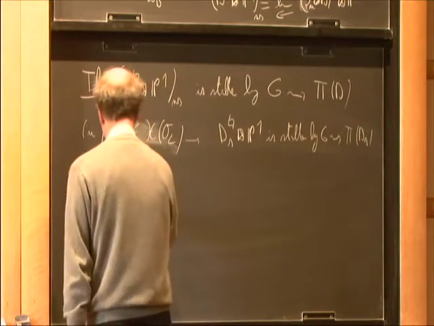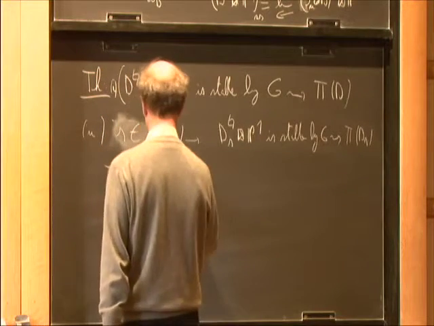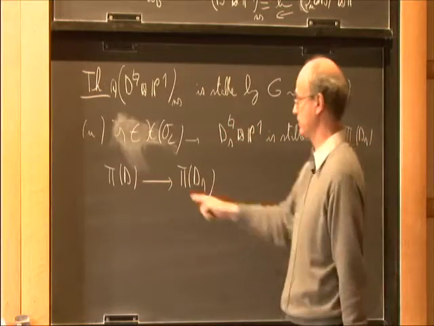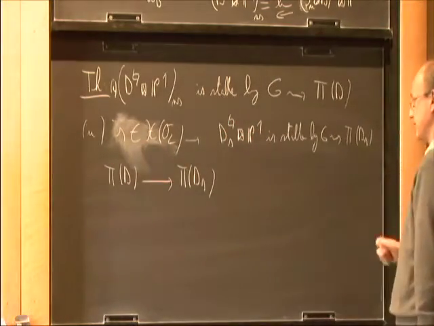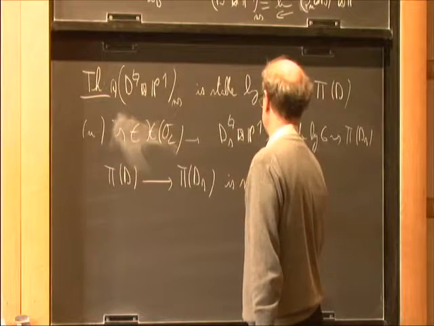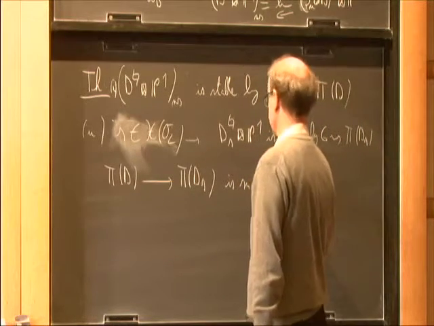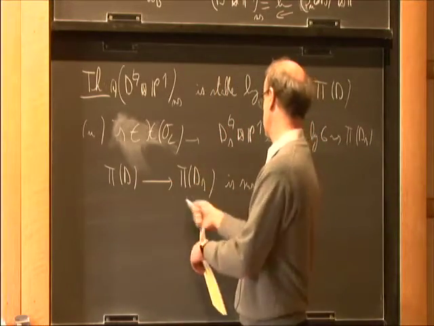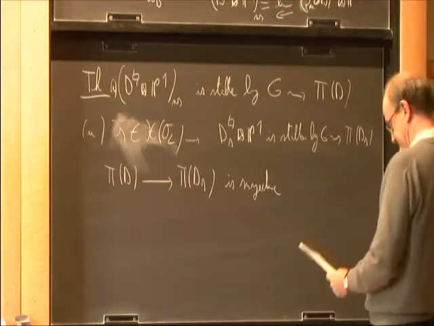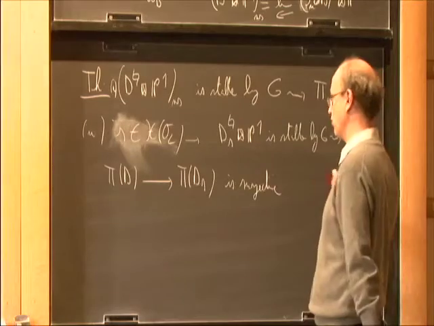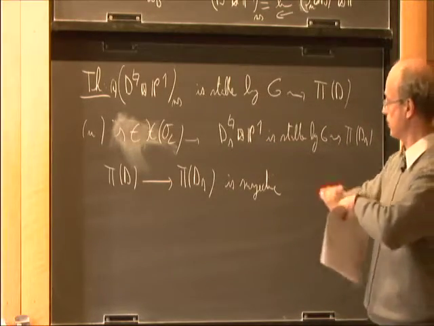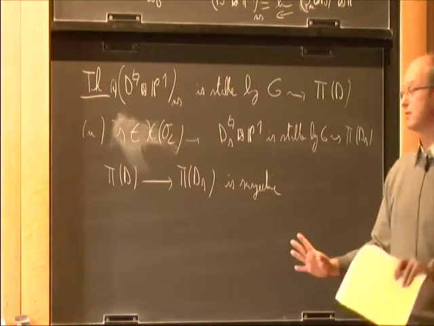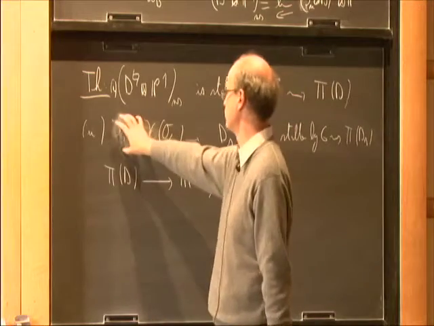And you have a natural map going from pi of D to pi of DS, just reduction modulo the ideal corresponding to S, or just evaluating at S, and this is surjective. Here you can have some p torsion that is left, but here you killed it. So it's surjective for all S. And so what you have is a very nice family of representations of GL2 of QP that varies analytically with your point S in the base.